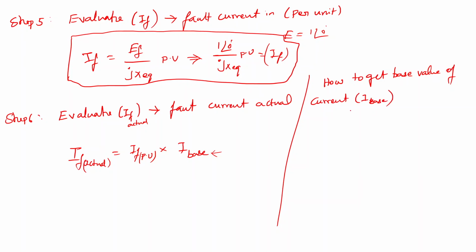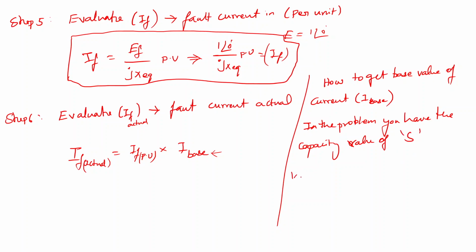To get the base value of the current, in the problem you have the capacity of the generator, that is S.